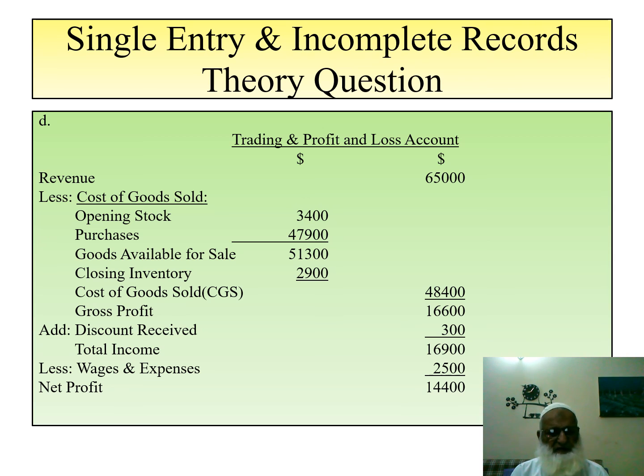This is a kind of income received through purchases, $300, and this has to be added to gross profit, and total income would be 16,900. The wages and expenses amount is 2,500, and if we deduct this from 16,900, we get a net profit of 14,200.